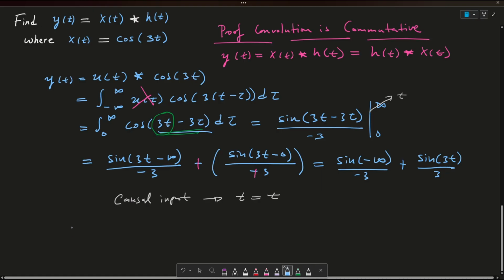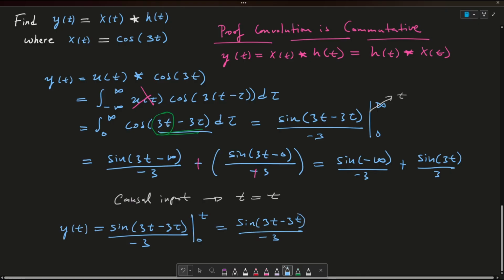So now y of t is equated to sine of (3t minus 3 tau) over minus 3 from 0 to t. So then this becomes sine of (3t minus 3t) over minus 3, and again, minus sine of (3t minus 0) over minus 3.